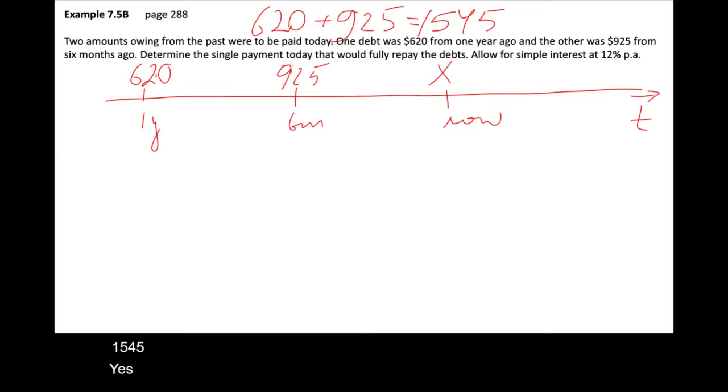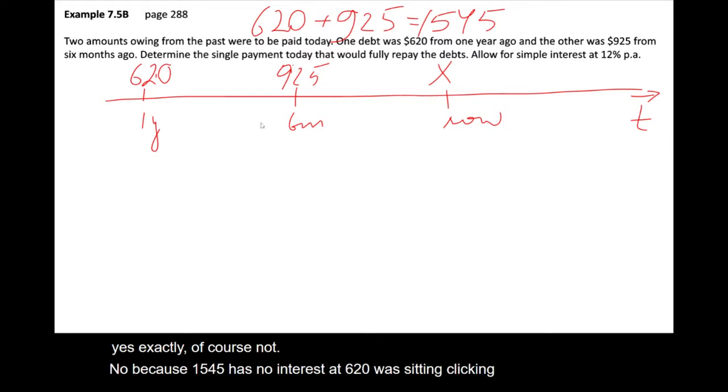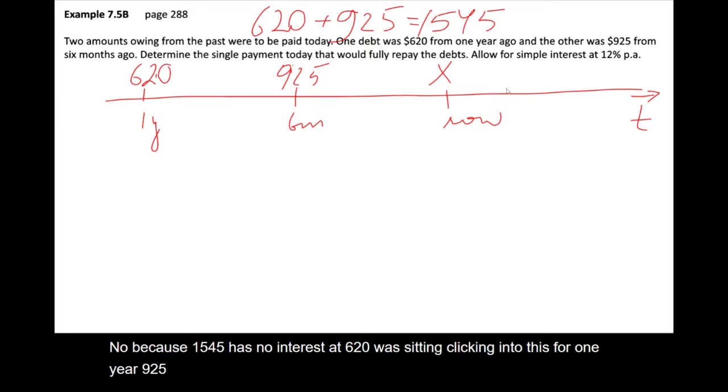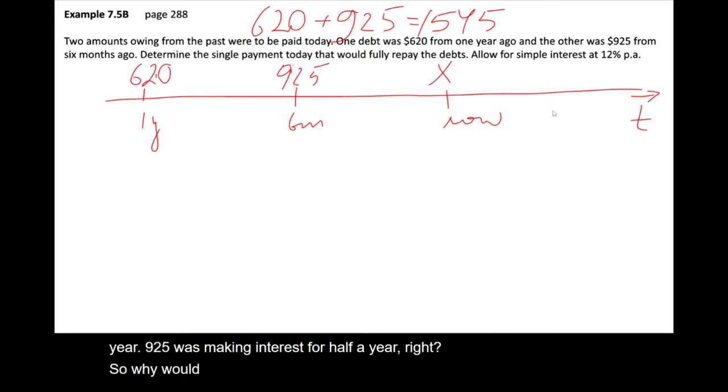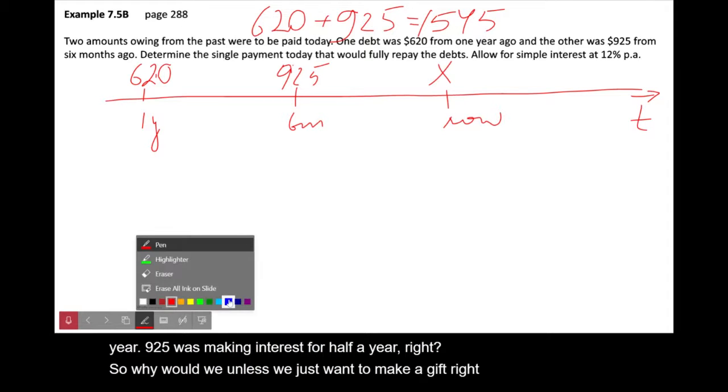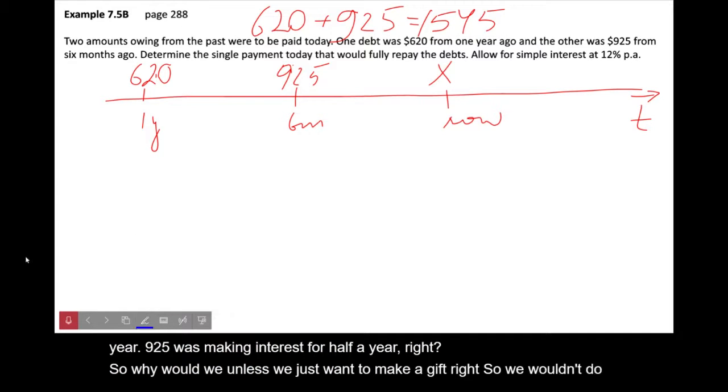Of course not. 1545 has no interest, and 620 was earning interest for 1 year, 925 was earning interest for half a year, right? So why would we, unless we just want to make a gift? So we wouldn't do that. What are we supposed to do?